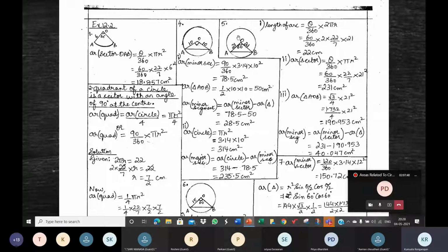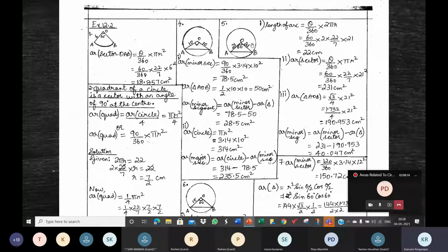See, the full length of the circle, 2 pi r, is 132. From that, if I take away the length of this minor arc AB, 22, I'll get the length of the major arc AB.